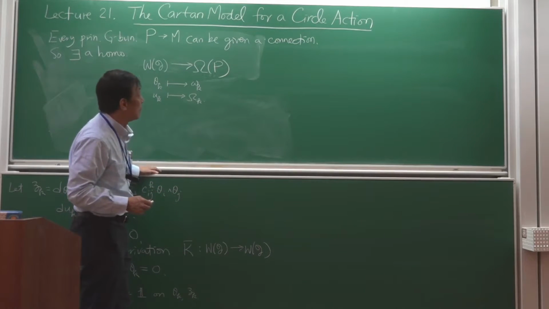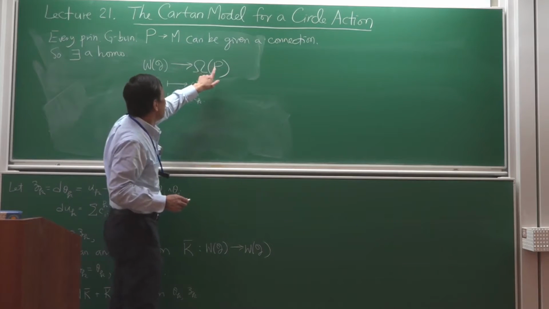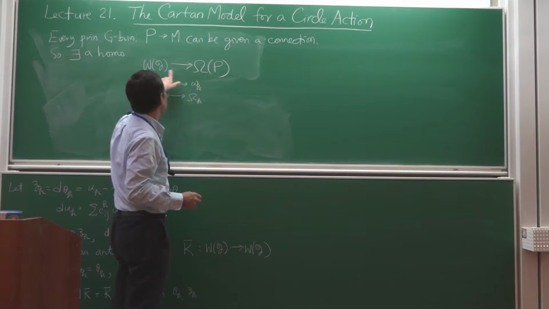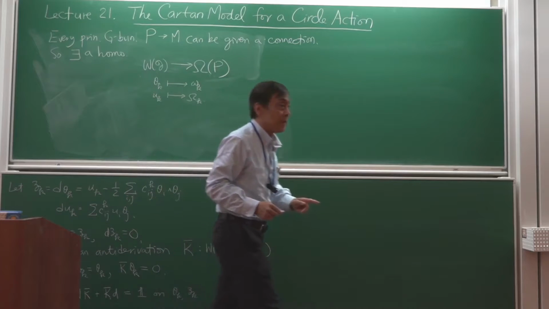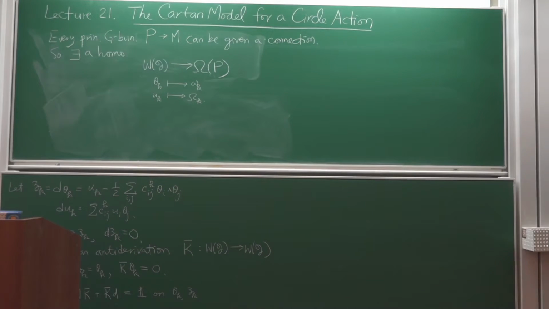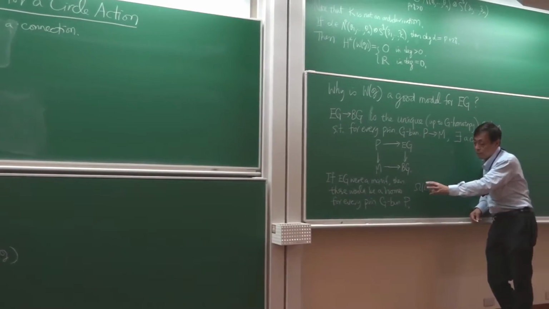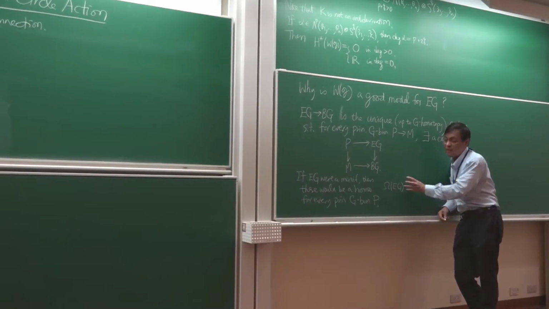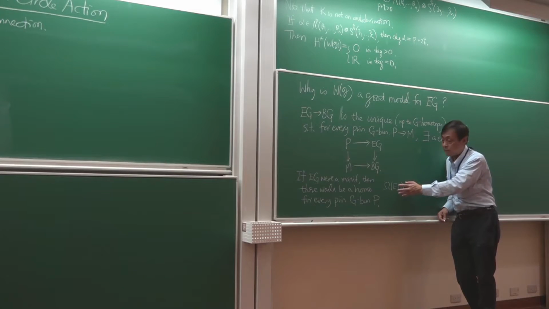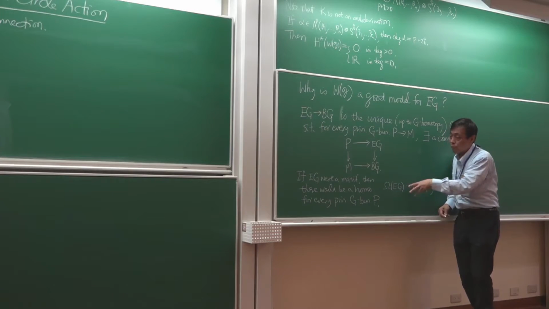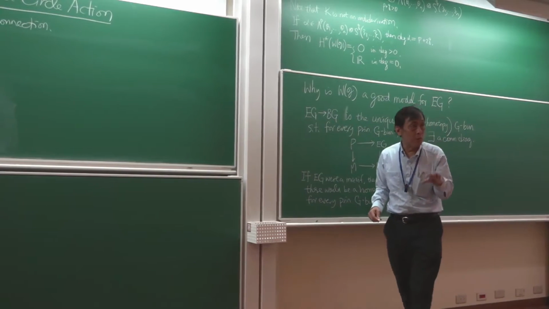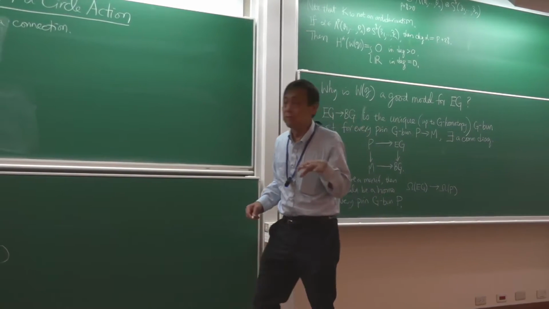And so you see, given any principal bundle, you have this map from the Lie algebra, okay? So it's like this. Given any principal bundle, there's a homomorphism from this into this, if this were a manifold, but this is not a manifold. And moreover, EG is contractible, so its cohomology is that of the point.